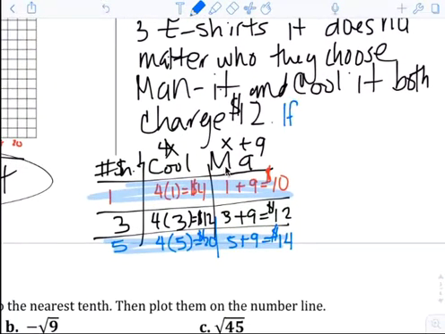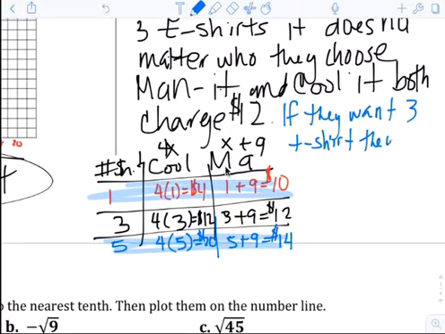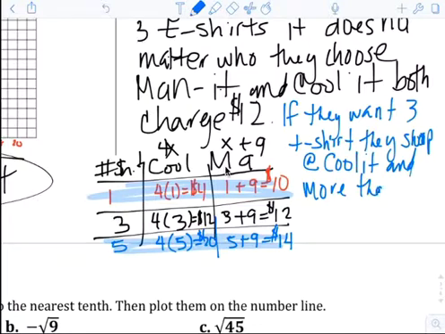If they want less than 3 t-shirts, they should shop at Cool It. And more than 3, they should shop at Man It.